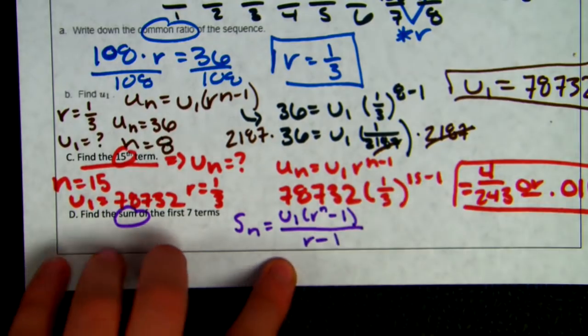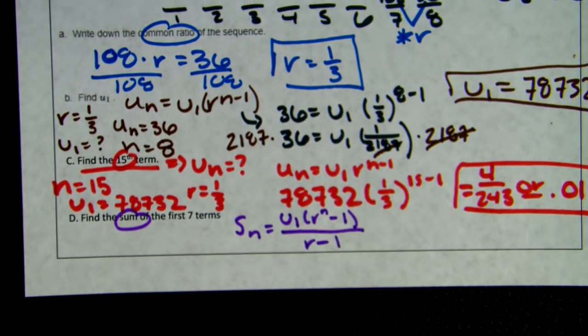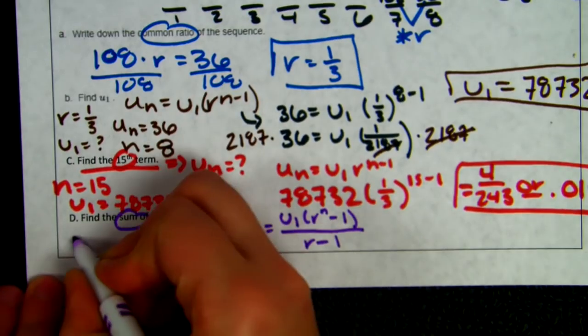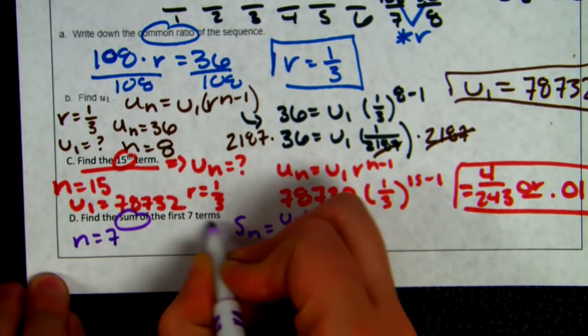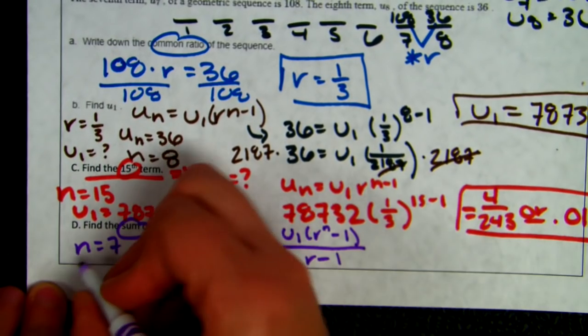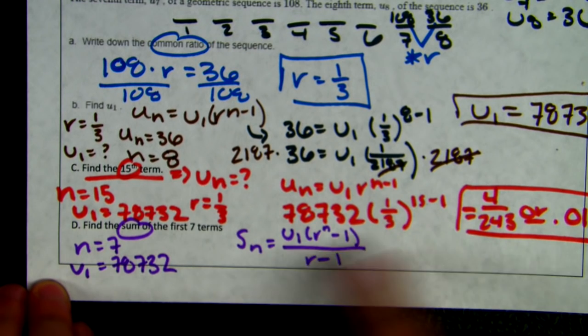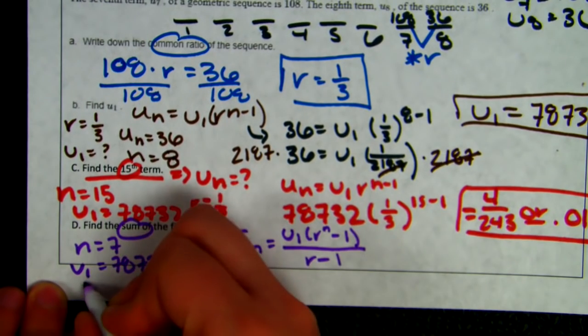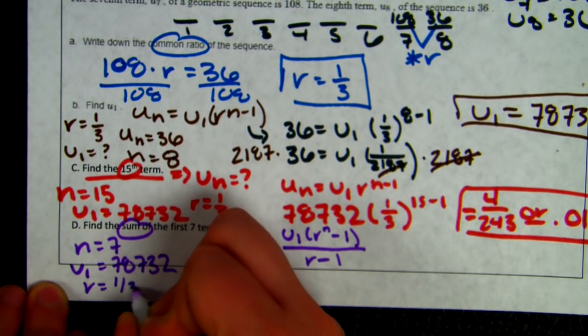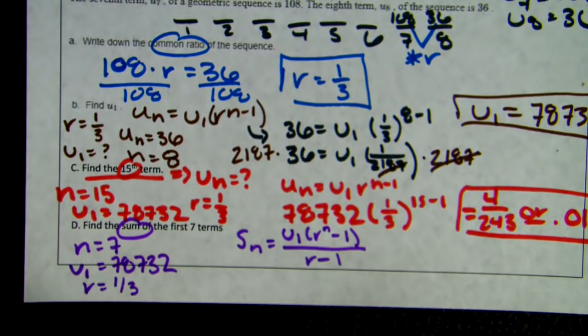So if I'm looking for the sum of the first 7 terms, N is going to equal 7 because that's how many terms I have. I know that U1 is still 78,732 because that's what I found up here. And my common ratio is still 1/3 because that is also what I found up there.